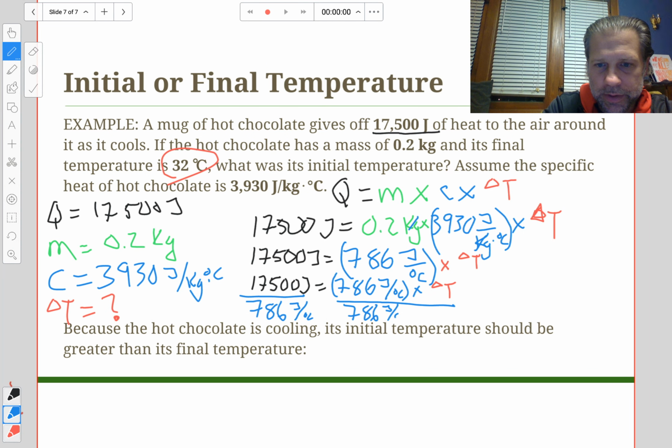And on the right-hand side, that cancels out, and I'm left with delta T.